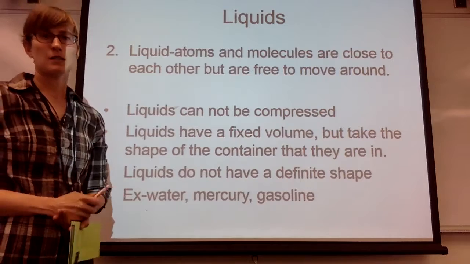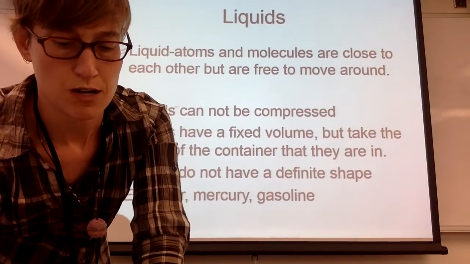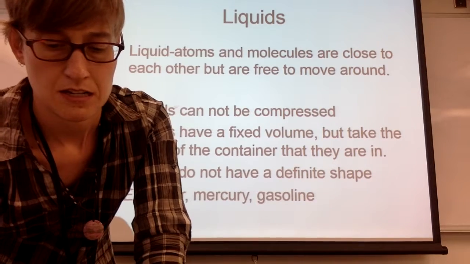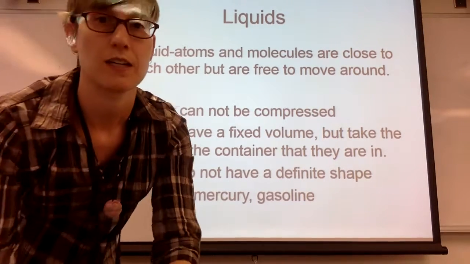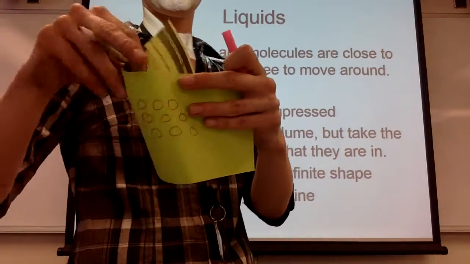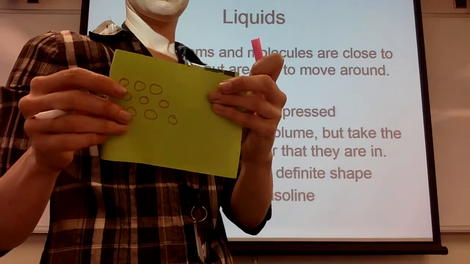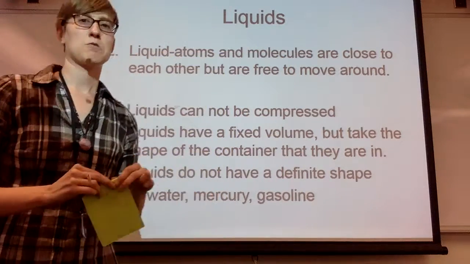Liquids are different because the atoms in liquids have more room to move around. So I'm drawing right now an example of where atoms might be in a liquid. So this is my example of a liquid right here. There's some room for them to move around.